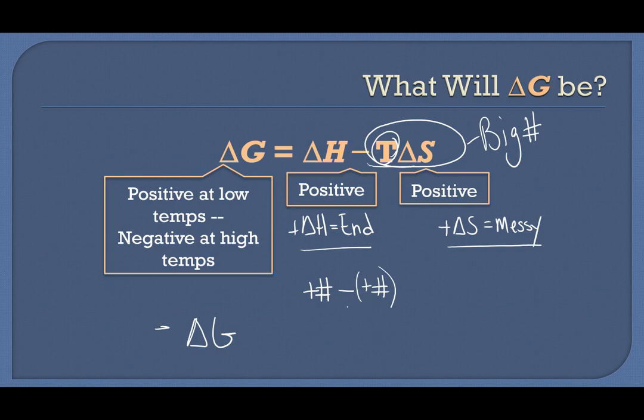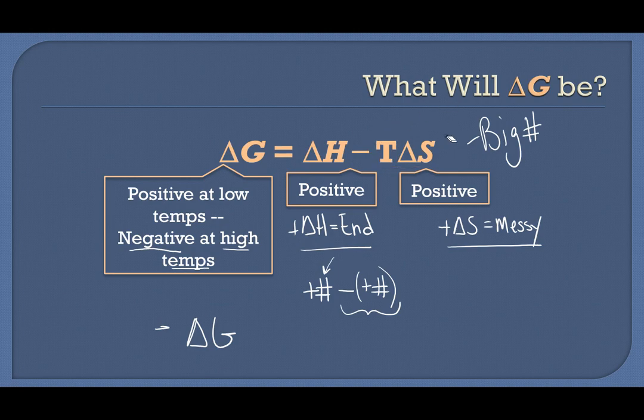So in order for delta G to be negative, this minus a positive number has to be bigger than the first one. So we want to subtract by a bigger number so that we end up with a negative value. So what we're going to see is delta G is negative at high temperatures. So this is going to be spontaneous at high temperatures.